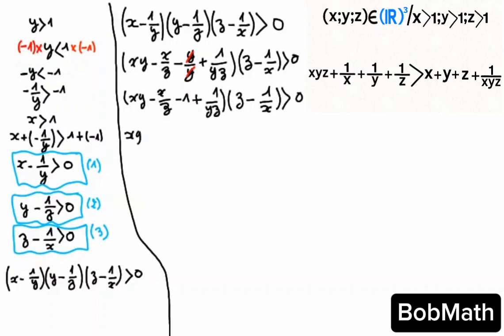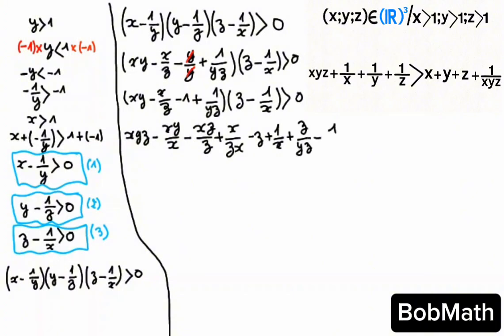And therefore xyz minus xy divided by x minus xz divided by z plus x divided by z, minus z plus 1 divided by x plus z divided by yz and minus 1 divided by xyz is greater than 0.